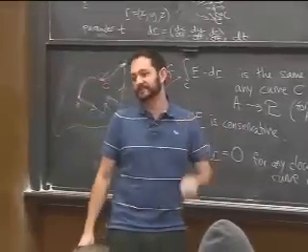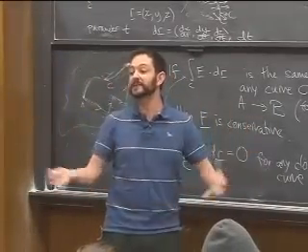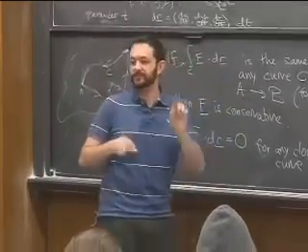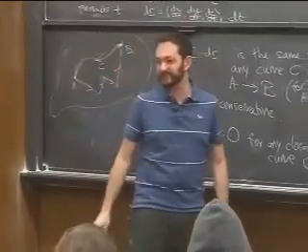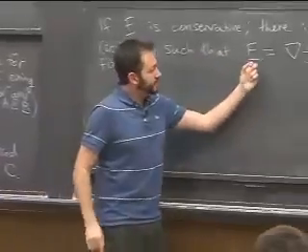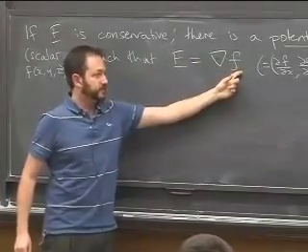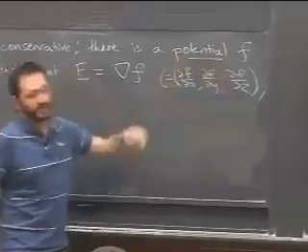Little f gives you a scalar for every point. You can sometimes call it a scalar field because there's a different number at every point in space. But a vector field is a different vector at every point in space. Okay, so this vector field is the gradient of a scalar field, which you can see from the formula. Yes, you do get a vector.